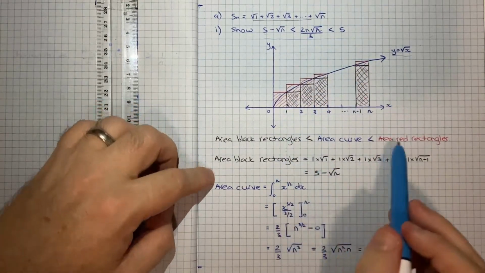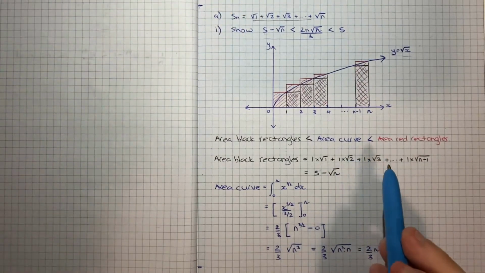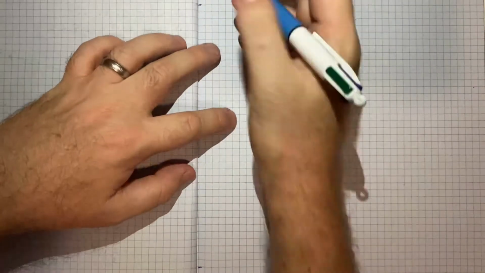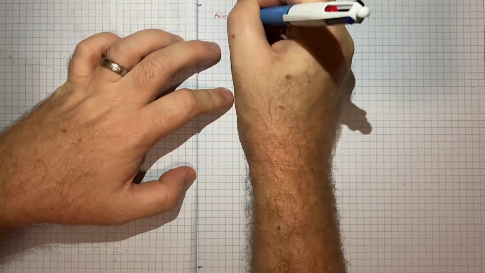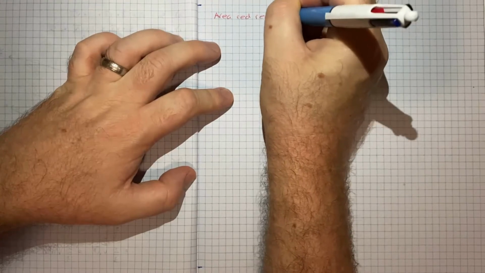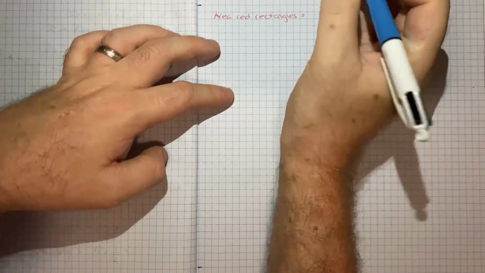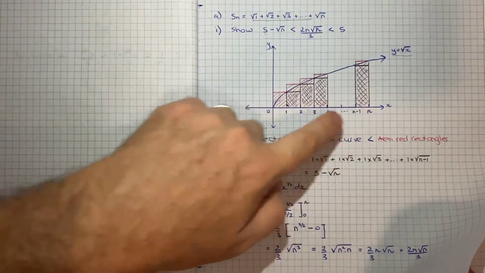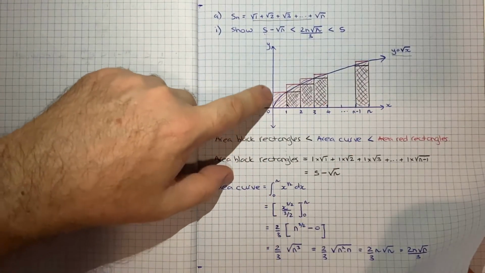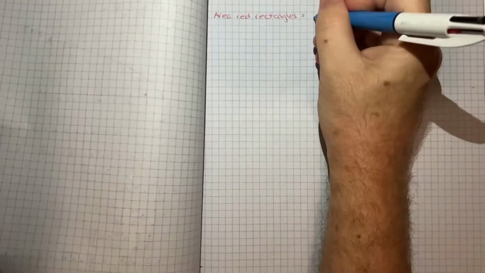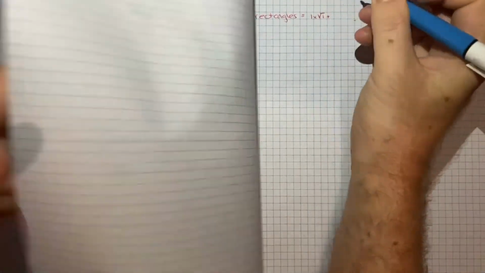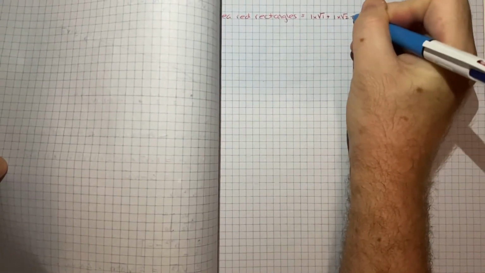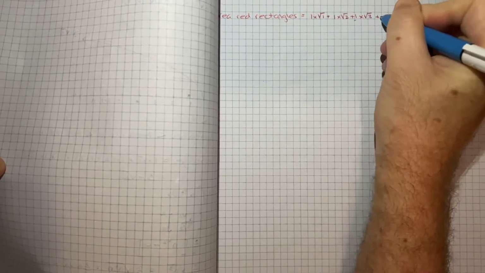So now we just need the last part, so I'll definitely have to turn over for this. The area of the red rectangles will be equal to, so they'll all also have a width of 1, but this time we're starting from the one with the height of root 1, so 1 times root 1 plus 1 times root 2 plus 1 times root 3, and so on.